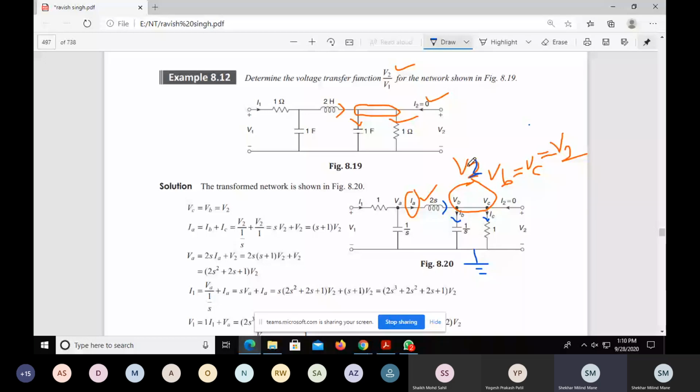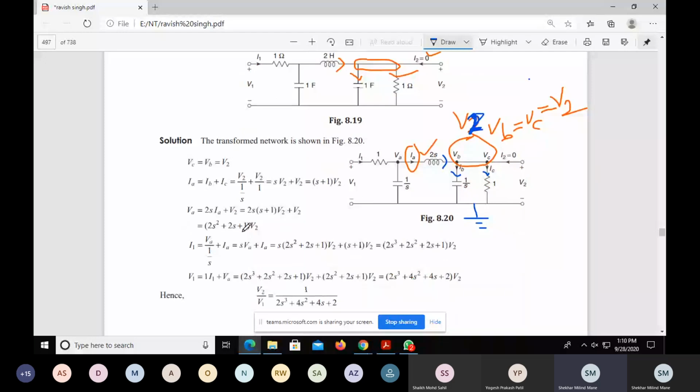So this is V2 upon 1 by S plus V2 upon 1. Here we get IA in terms of (S plus 1) into V2.